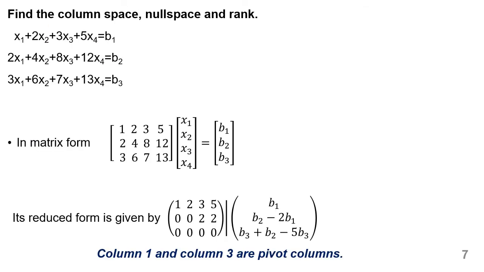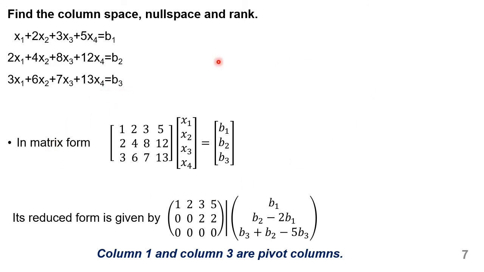With an example, we try to understand what is meant by column space, null space, and rank. We have taken a set of 3 equations given by x1 plus 2x2 plus 3x3 plus 5x4 equals b1, 2x1 plus 4x2 plus 8x3 plus 12x4 equals b2, 3x1 plus 6x2 plus 7x3 plus 13x4 equals b3.